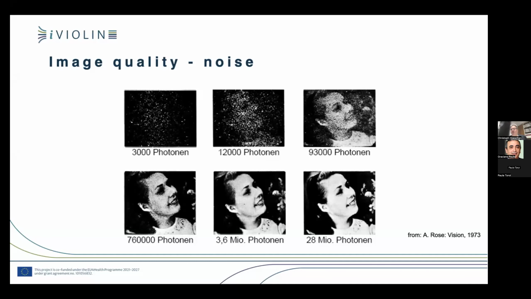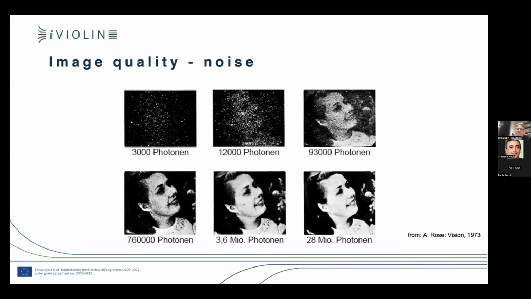So it's more than 50 years old, and his book was called Vision. And he wanted to describe the effect of dose and, well, exposure in his case, and the relation to the number of photons. And what you see in your lower right case is a photograph as it was taken originally with 28 million photons.